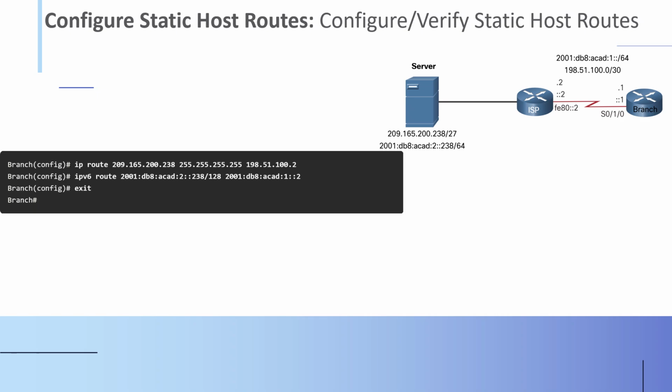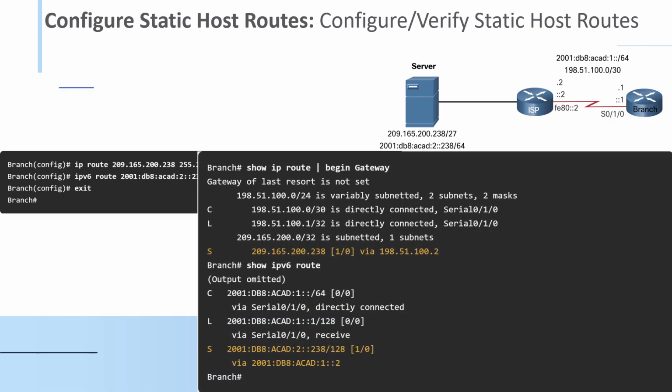And as always, after each configuration, we can review both IPv4 and IPv6 route tables to verify that the routes are active. So, for the IPv4 network, using show ip route begin gateway, we are able to see that the static host route is added. And with show ipv6 route, we will be able to see that even for the IPv6 network.